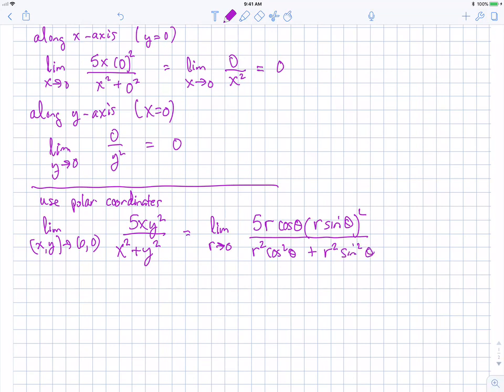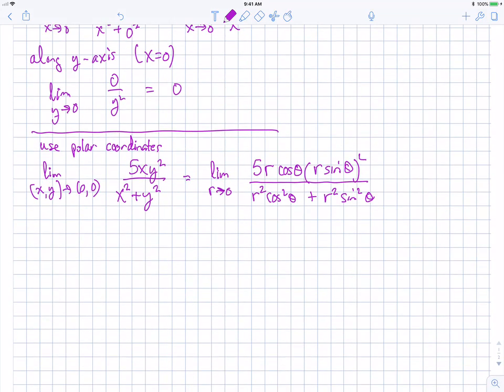You might recognize that there's some nice simplification in the denominator. And why don't I have theta going to 0 in the limit? Well, we don't really care what theta does. What we're trying to show is that r goes to 0. When x and y go to 0, that doesn't mean theta is going to 0. But we want to show that when r goes to 0, we get a limit that is 0, or maybe some other number, no matter what happens with theta.